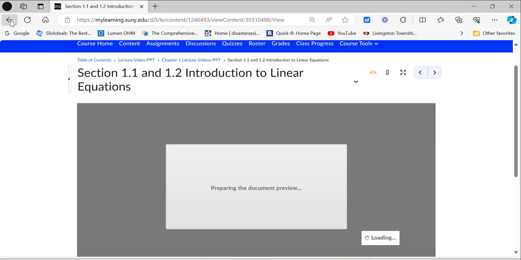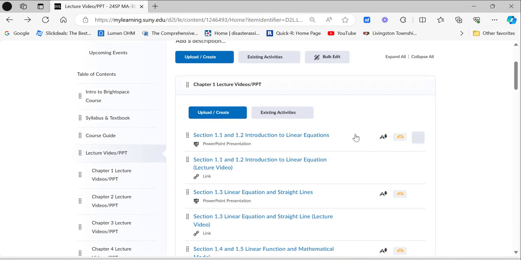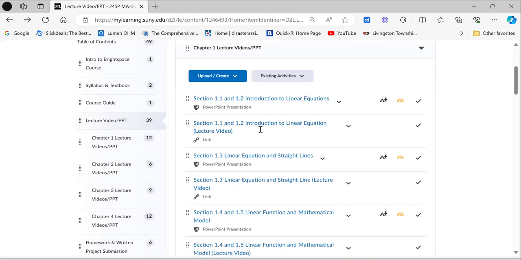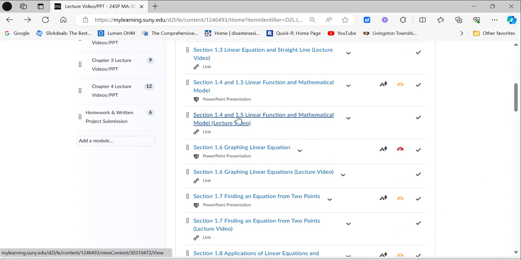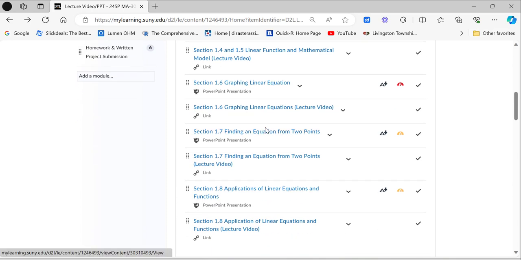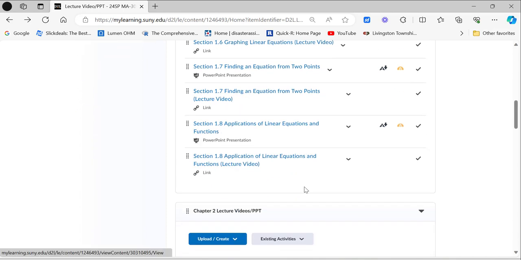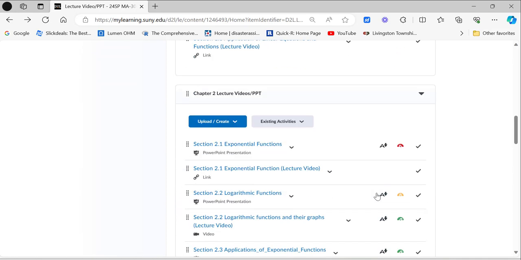But you should review all those PowerPoints and the lecture videos before you start working on a homework assignment. That will help you go over a lot of the content. Every single section has a lecture video and a PowerPoint. You should review each one of these according to the schedule.